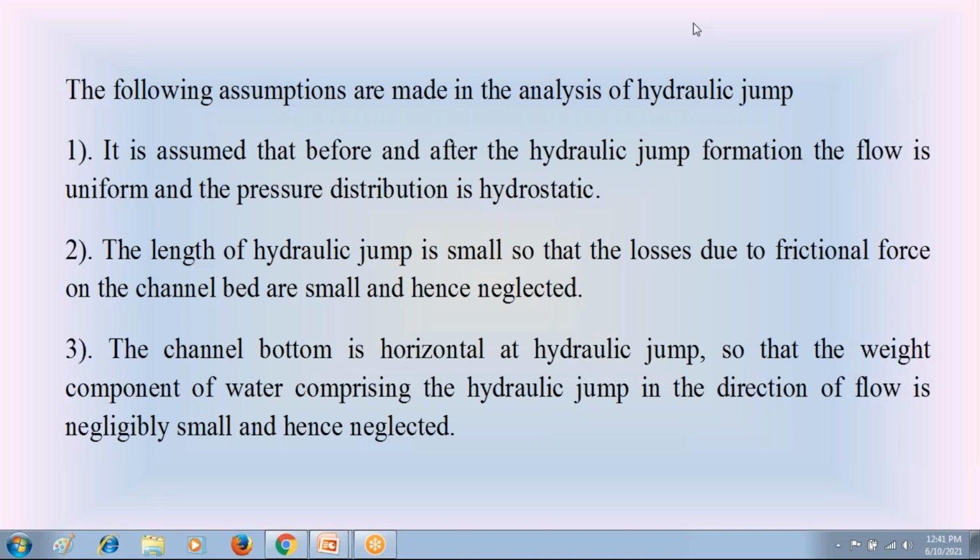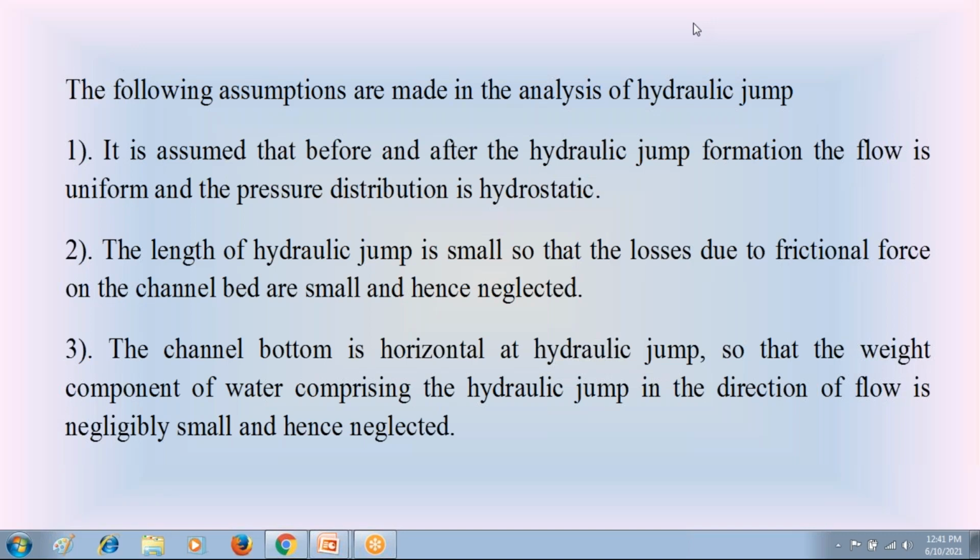Please don't confuse: hydraulic jump is water, so can we use fluid mechanics formulas? Even though hydraulic jump is also water, the water is totally in a disturbed, highly rotational condition. So the basic equations of fluid mechanics are not applicable in hydraulic jump.